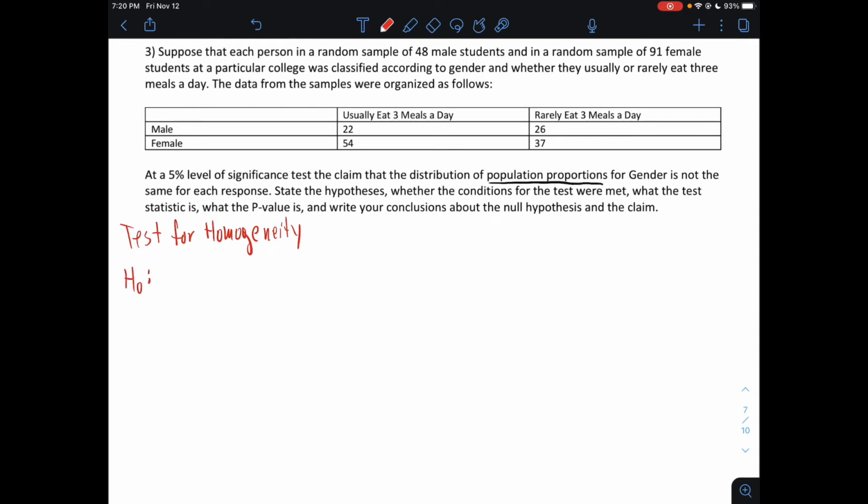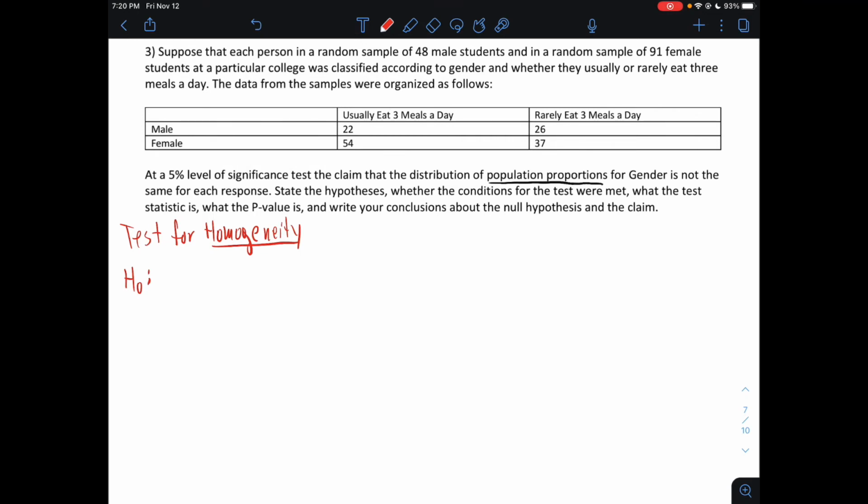The null hypothesis is the distribution of population proportions for gender is the same for each response. Homogeneity essentially means the same. So we are testing to see if things are the same.